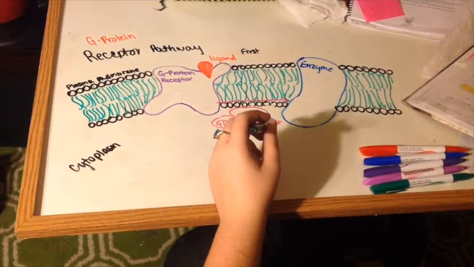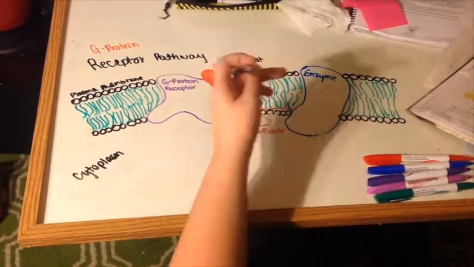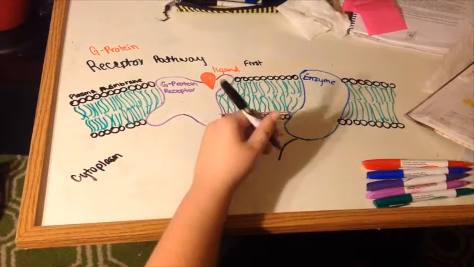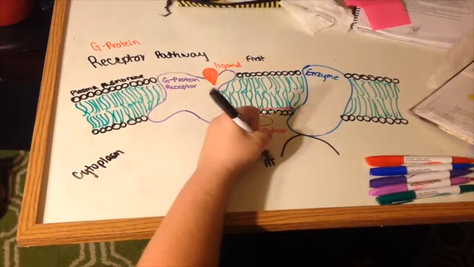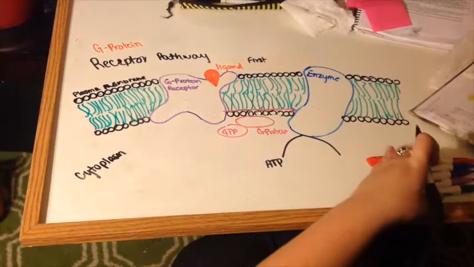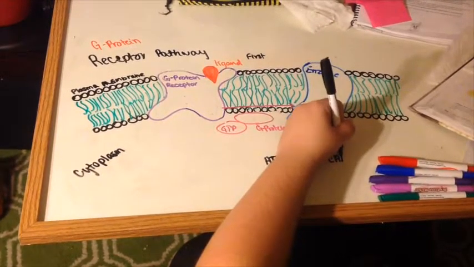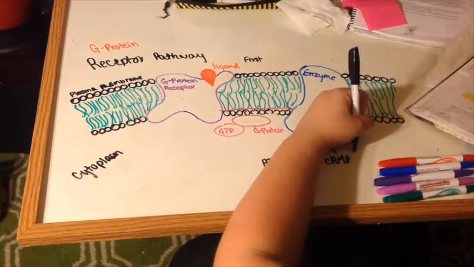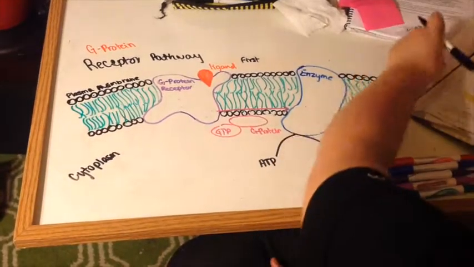Now the G protein is going to activate a conversion. You're going to have ATP, which is just like the GTP, and it's going to make cyclic AMP, which right here is going to be your second messenger.